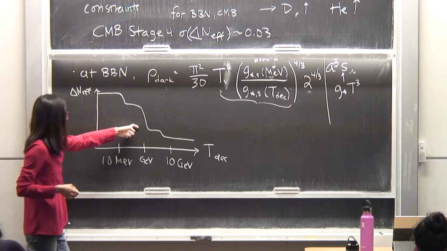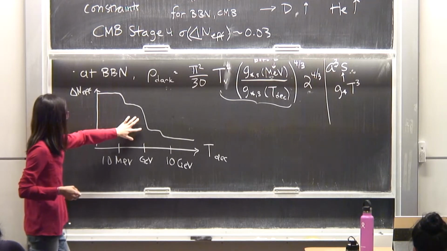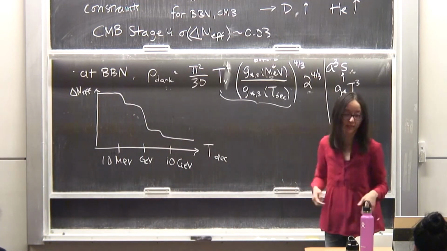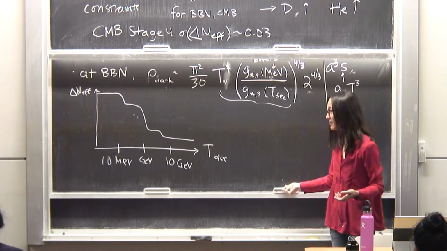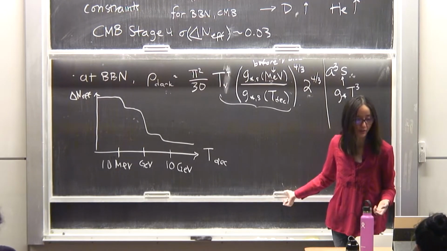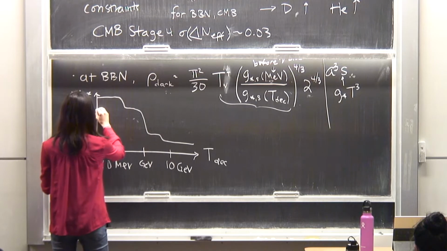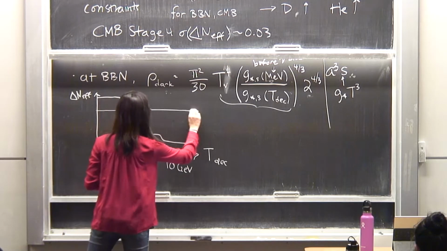There's a big jump here, again, because of the QCD phase transition, where the standard model sector suddenly gets a lot hotter compared to the dark sector. I didn't label this axis very clearly, but I'll do it by showing what's excluded.